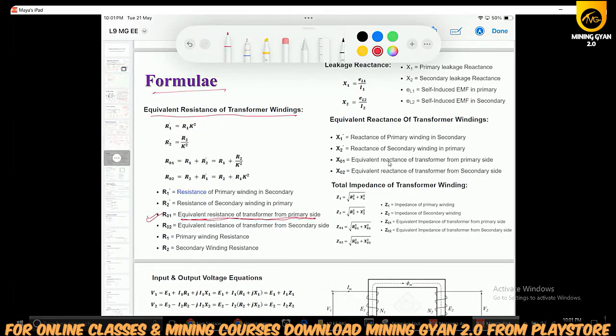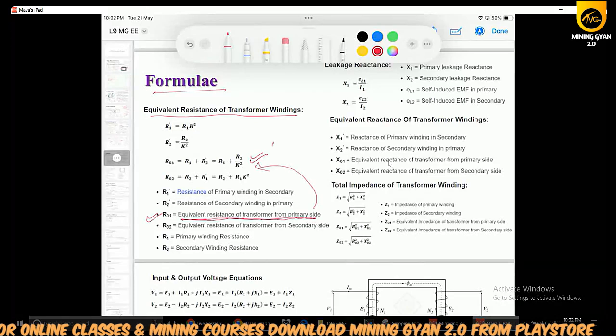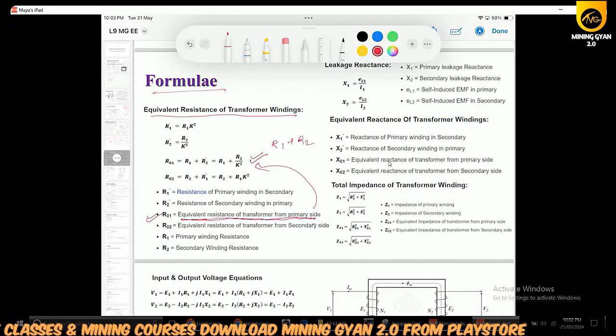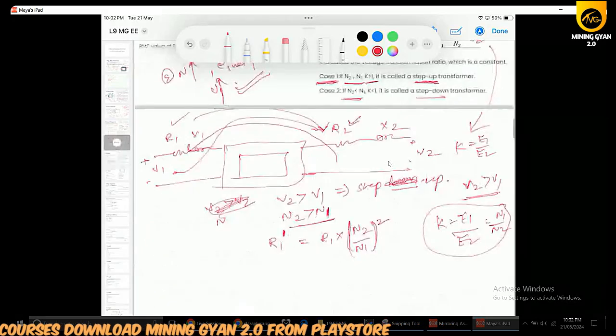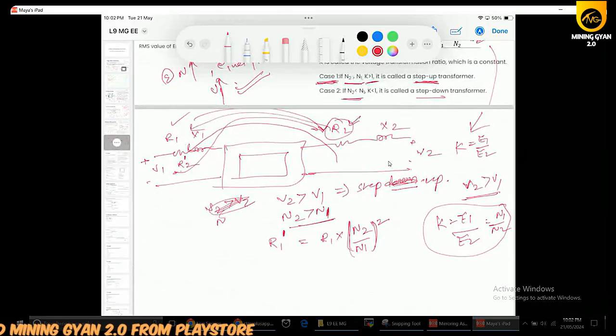Then only we will be able to calculate the overall resistance that is offered by both the windings. So how to calculate R01? That is the equivalent resistance of the transformer from the primary side. That will be R1 plus R2 dash, meaning R2 that is at the secondary side, we have to refer it to the primary side, and that will come like this.